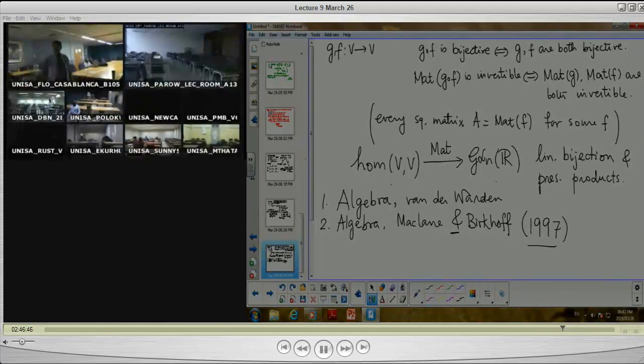If somebody wants to learn algebra, well, these books are possibly the best resources. The best resources.